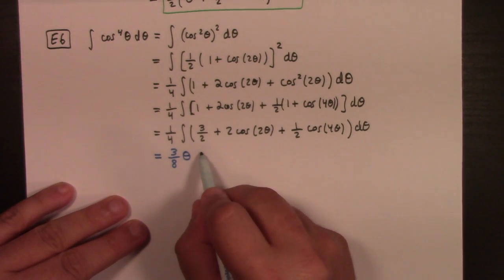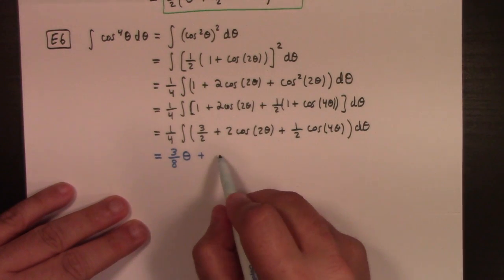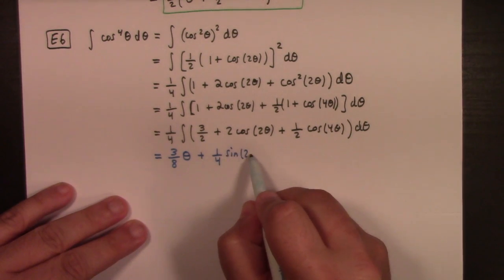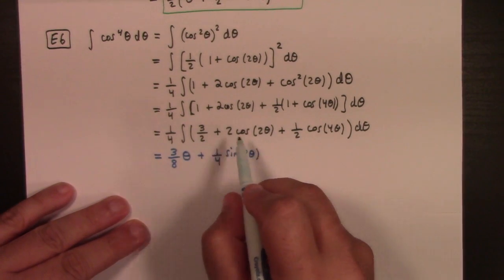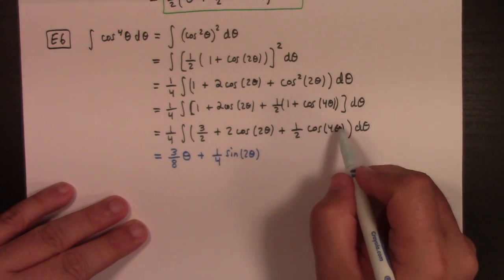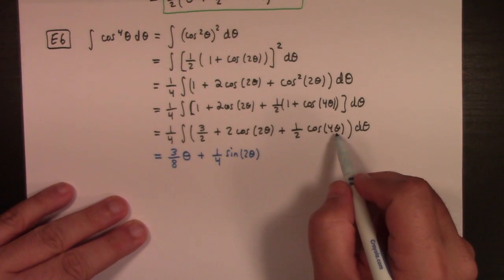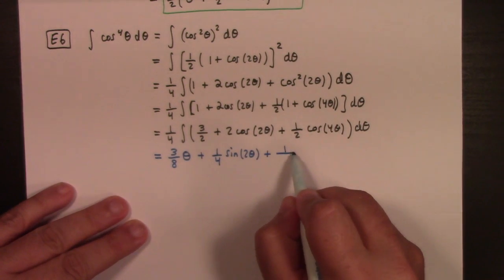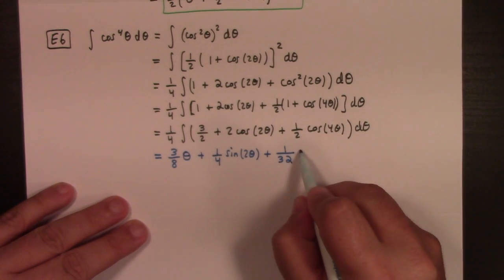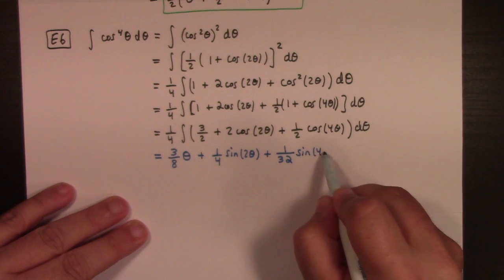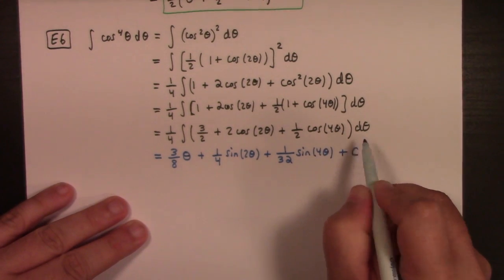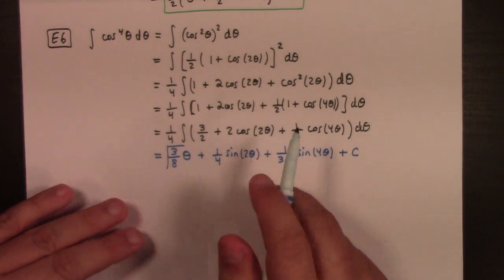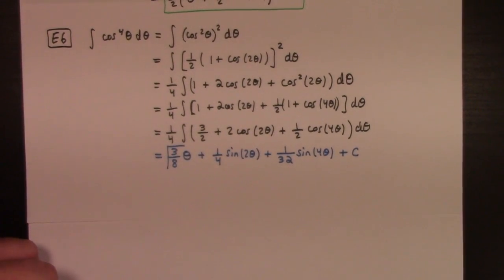So I get plus 1/2 times 1/2, let's see here, 1/4 sine 2 theta. 1/2 times 1/4 is 1/8, but then there's a 4 that pulls down from the u substitution here, a 4 theta, so we get 1/32. So plus 1 over 32 sine of 4 theta plus a constant. And there you have it. That is the integral of cosine to the 4th.